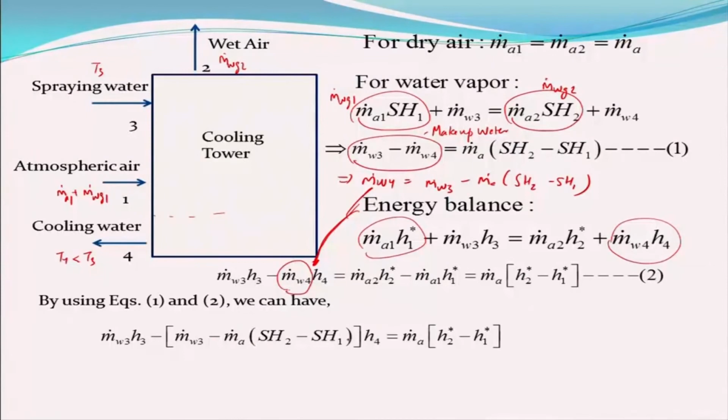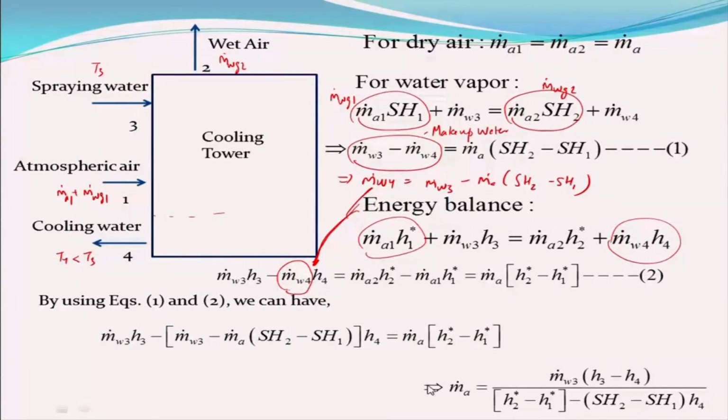Then I can get this expression, that is m_w3 h3 minus, in the bracket, the mass flow rate of water at station 4 into enthalpy at station 4, is equal to the change in enthalpy between station 1 and station 2.